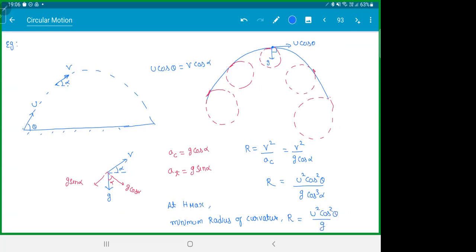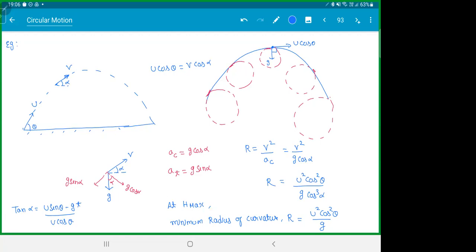That is your minimum. Have a look at this. And I hope you remember how to find alpha. Tan alpha is (u sin theta minus gt) by u cos theta. In case you forgot kinematics projectile motion, it is back.